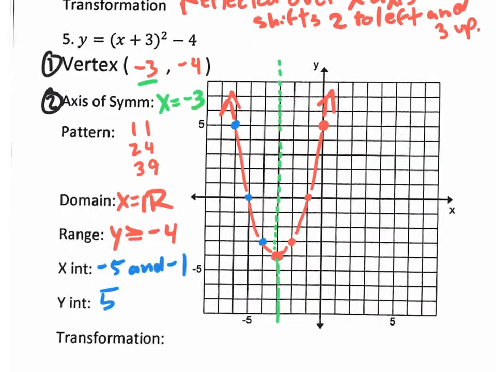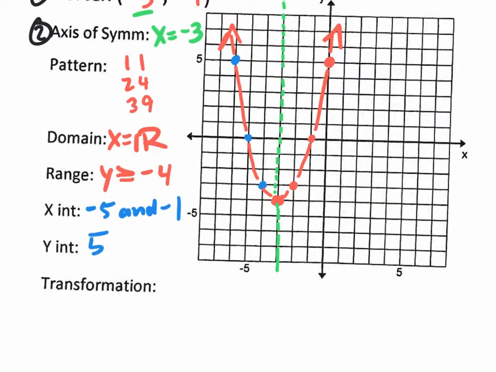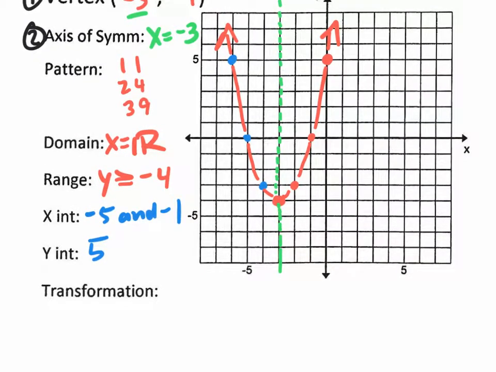And now, how about this? We have some added idea that I want you to start practicing. Your parent graph has a vertex 0, 0, and it's that regular U-shaped curve that we got the pattern 1, 1, 2, 4, 3, 9 from. But if we compare that original one to this new one, what are the transformations? How does it change? It doesn't get wider or narrower. It doesn't open down.